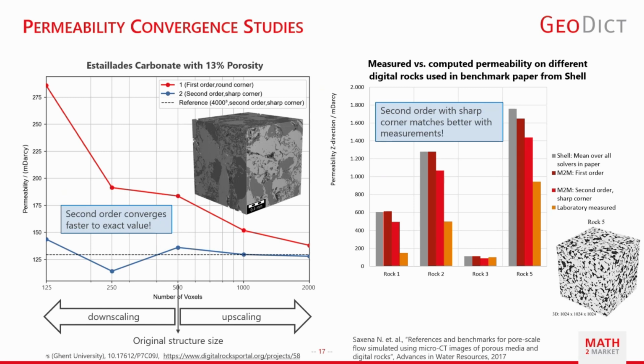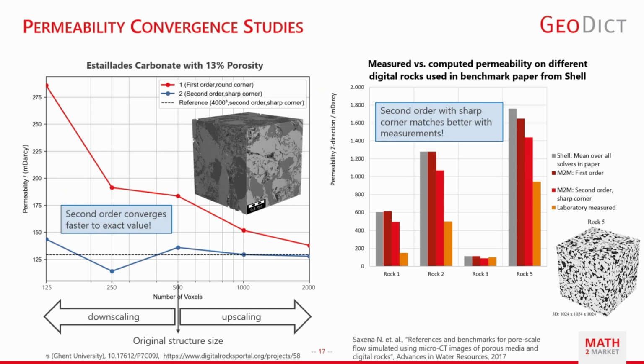Then we did the flow simulations. In the other case, we also upscaled the structure, so we assume that the voxel represents the exact geometry. We rescaled the structure, and now we also have a reference solution with a very high resolution. Here we used a 4000 cubed version of the structure to compute a reference solution.